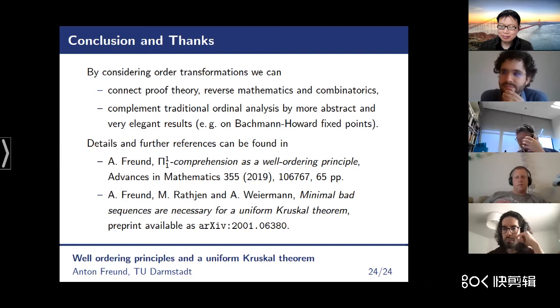Like, should we have a linear measure of proof theoretic strengths of mathematical theorems, or is it just like a zoo, chaotic? I don't know. Let me repeat my question.